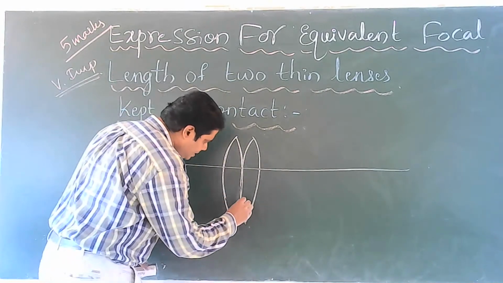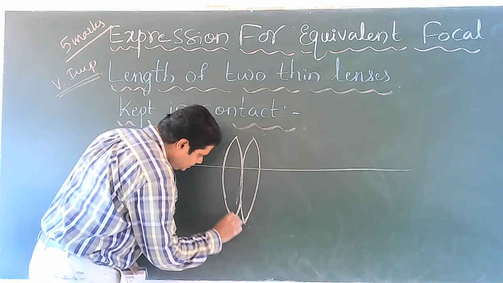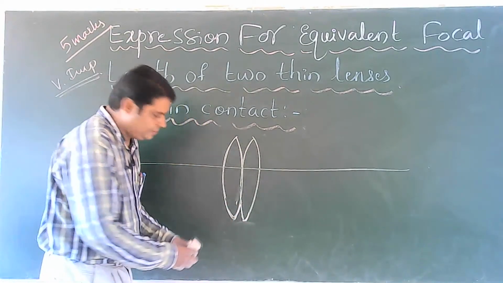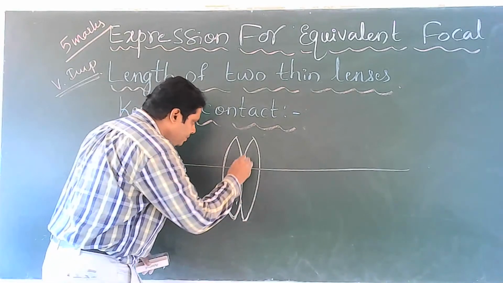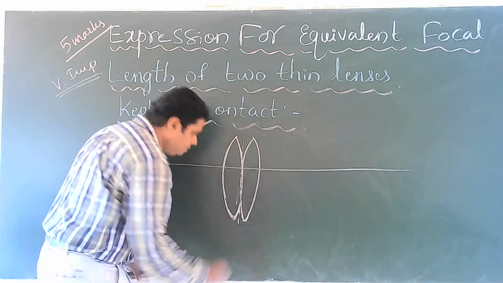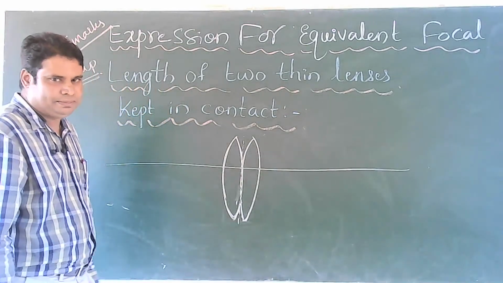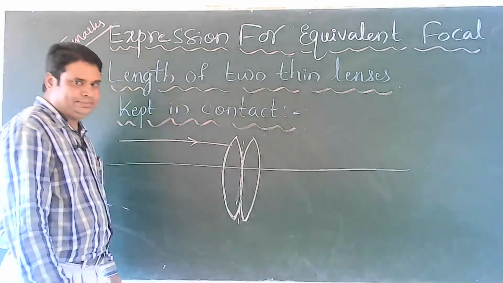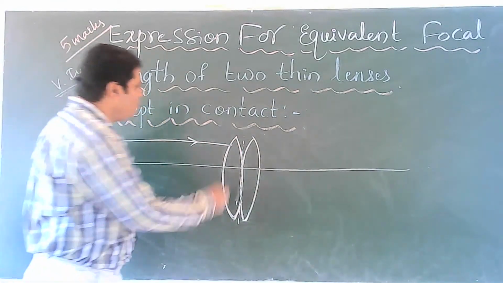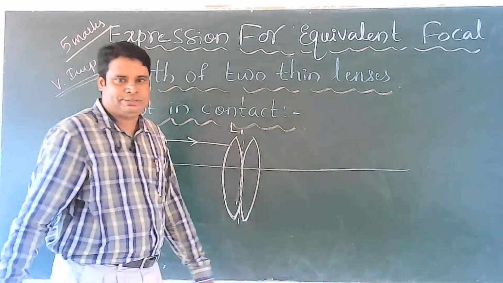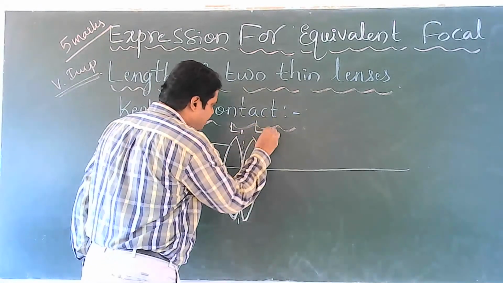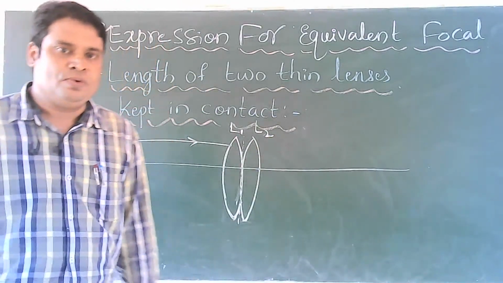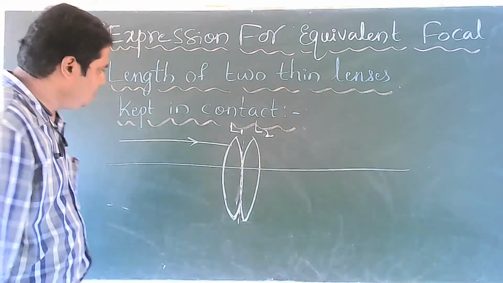They are so thin that we can consider a common point of intersection. A ray of light is allowed to be incident on the first lens, say L1. L1 stands for the first lens and L2 stands for the second lens. Let F1 be the focal length of the first lens and F2 the focal length of the second lens.